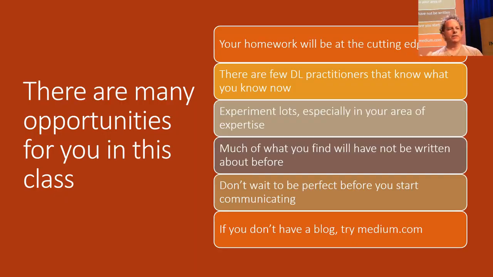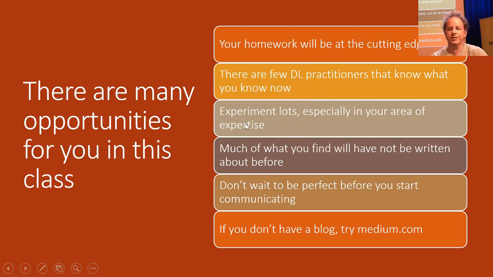So there are a lot of opportunities in part 1 to blog and to do interesting things, but the opportunities are much greater now. In part 2, you can be doing homework that's actually at the cutting edge, actually doing experiments people haven't done before, making observations people haven't made before, because you're getting to the point where you're a more competent deep learning practitioner than the vast majority that are out there, and we're looking at stuff that other people haven't looked at before.